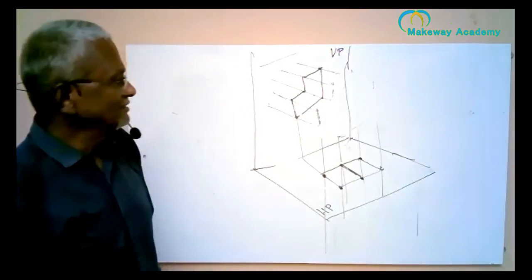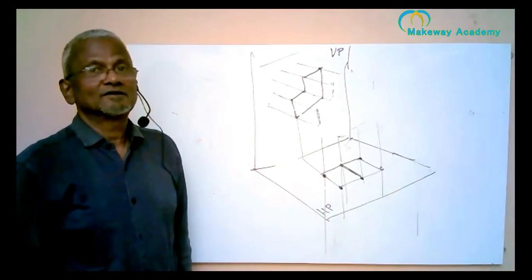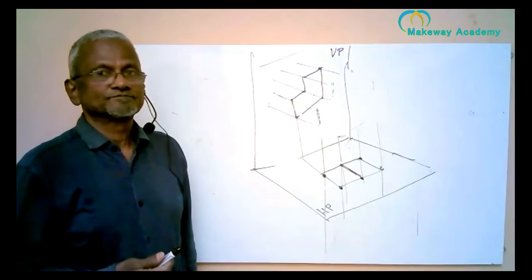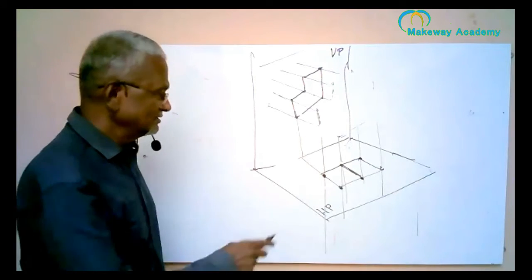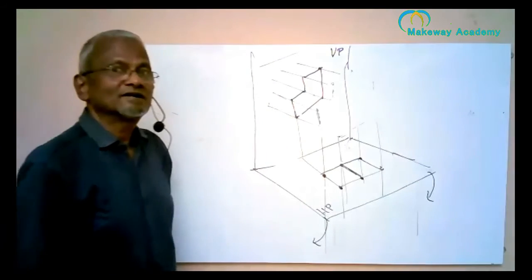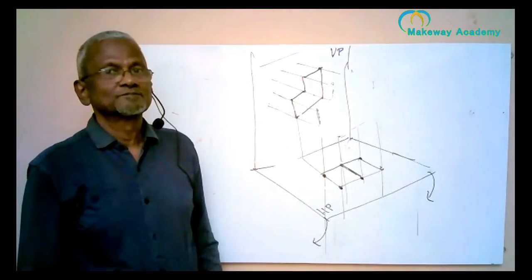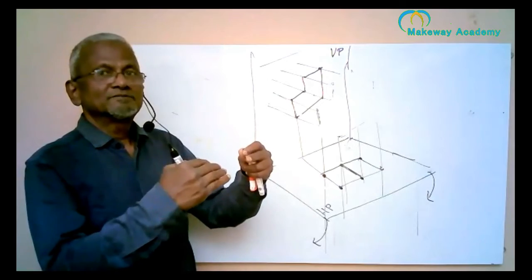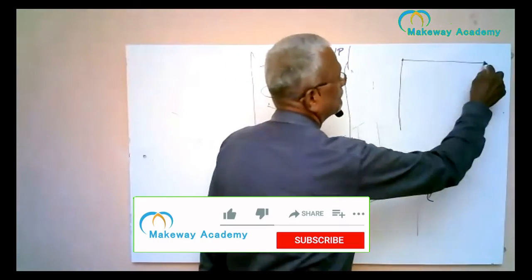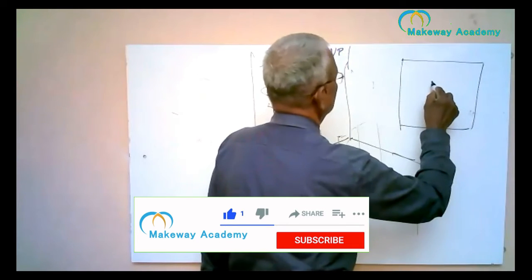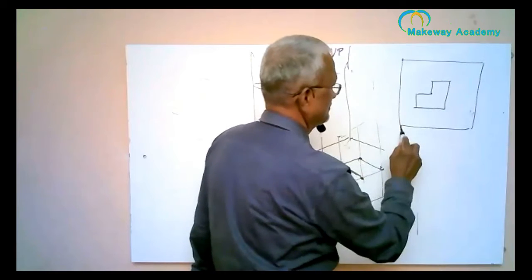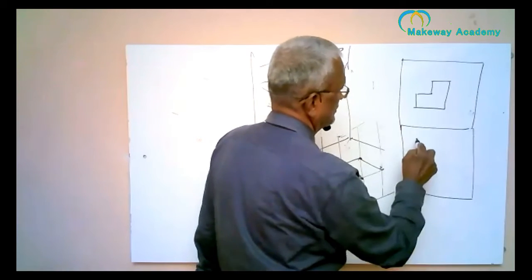Now what I do is I rotate the horizontal plane 90 degrees in the clockwise direction. When the horizontal plane is rotated 90 degrees in the clockwise direction, it becomes an extension of the vertical plane. So this is the vertical plane, this is the projection. This is the horizontal plane, this is a projection.